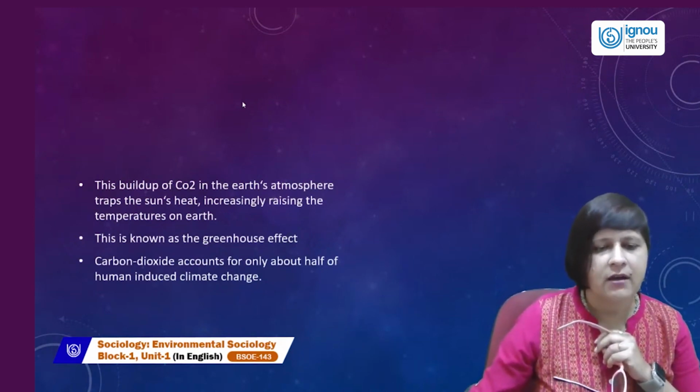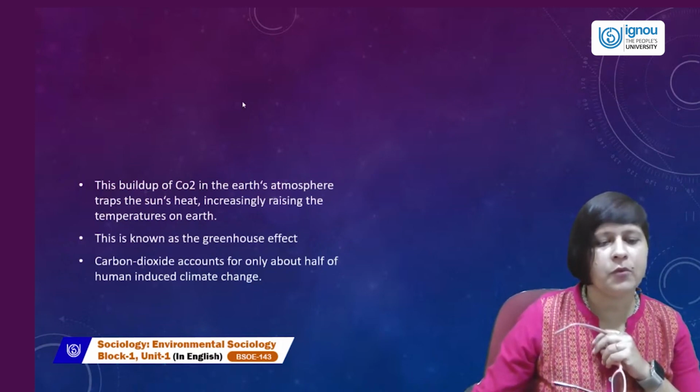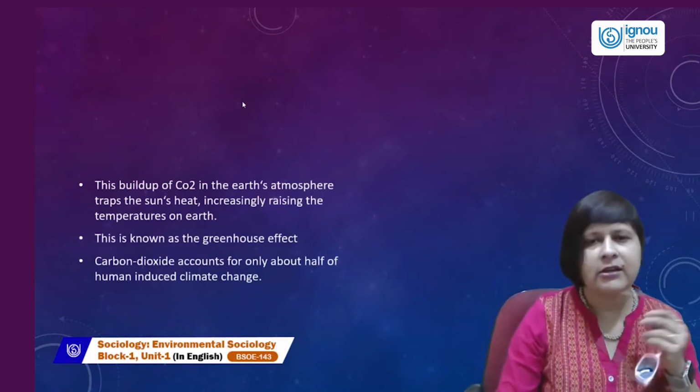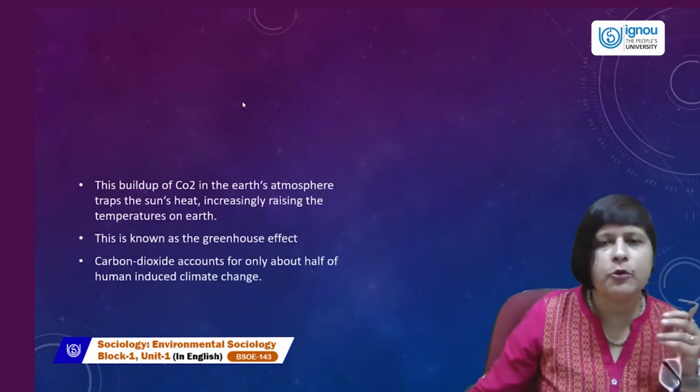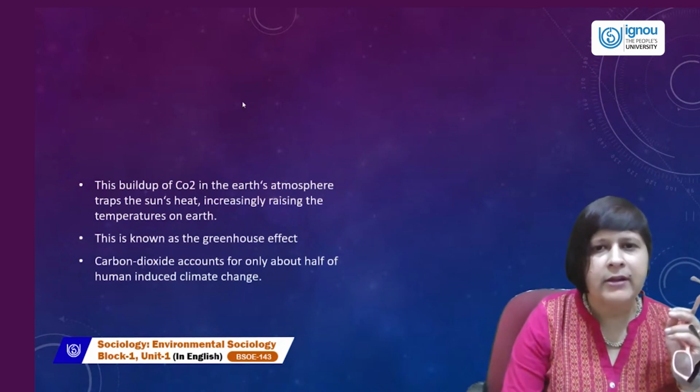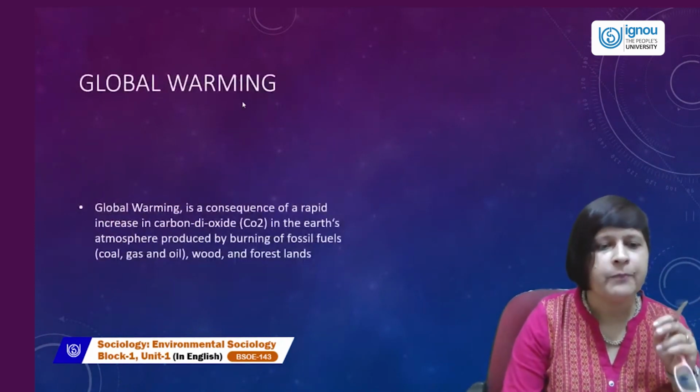Carbon dioxide accounts for only about half of the human-induced climate change. Why is there an increase in temperature, why is there global warming? Because of increased industrial activities, right?